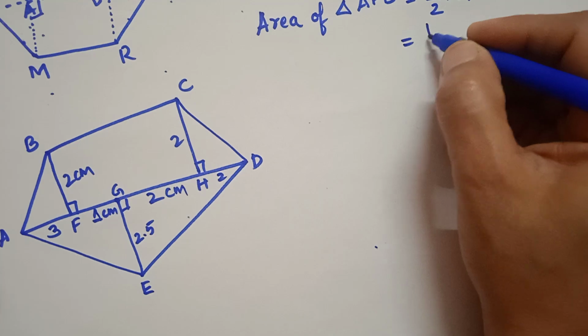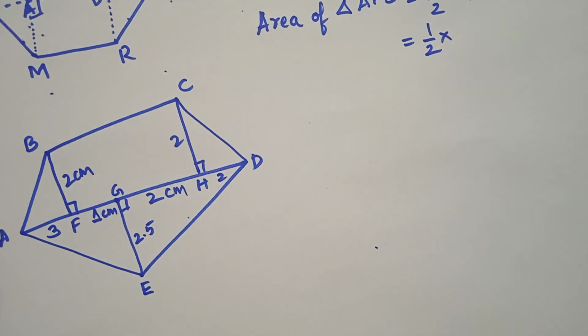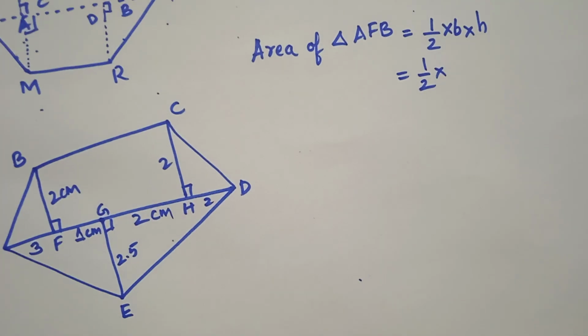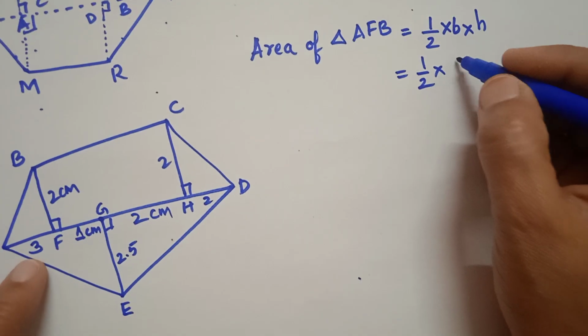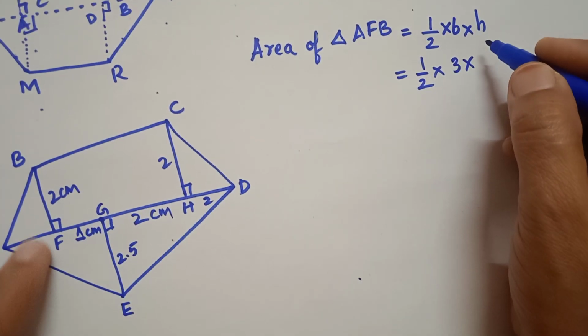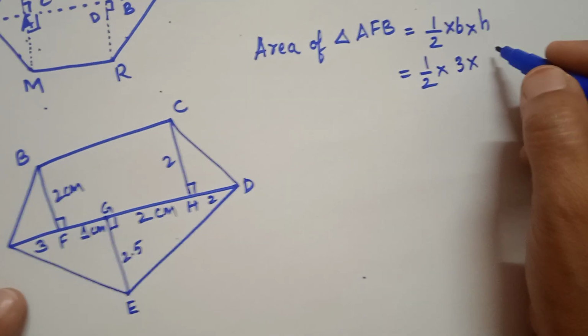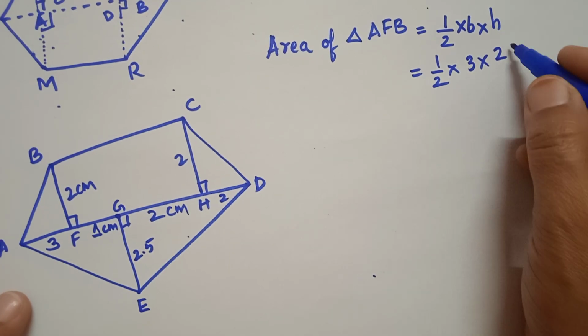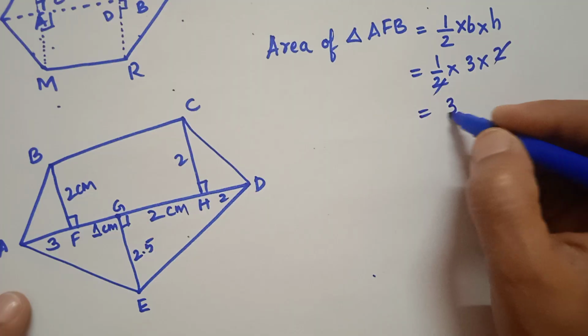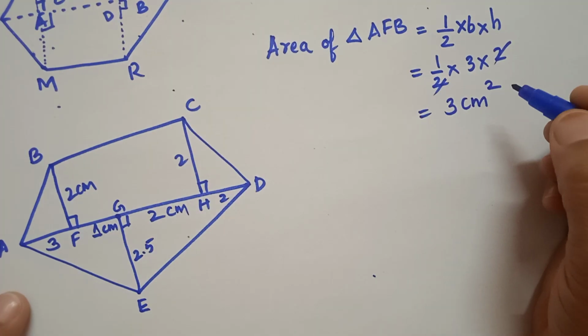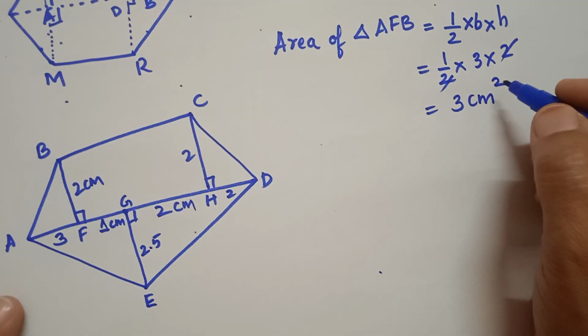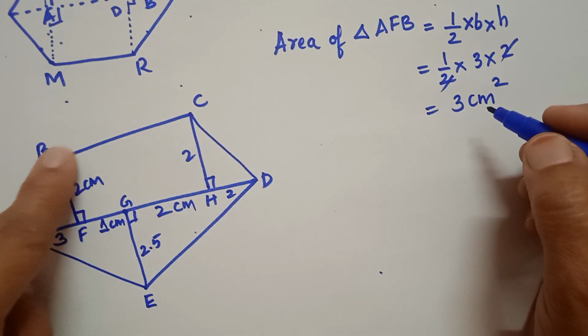Nothing but half into base 3 into height is what? 2. This two gets cancelled. It is 3 centimeter square. Okay, so I found out the area of this triangle AFB.